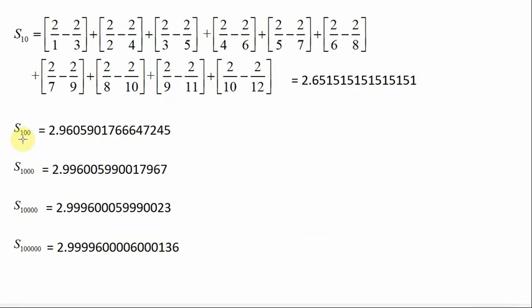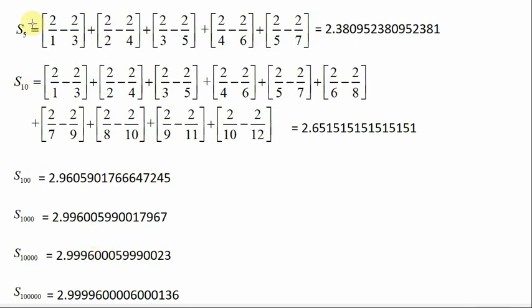The sum of the first 100 terms is 2.96059. The sum of the first 1,000 terms is 2.996. The sum of the first 10,000 terms is 2.9996. The sum of the first 100,000 terms is 2.99996.